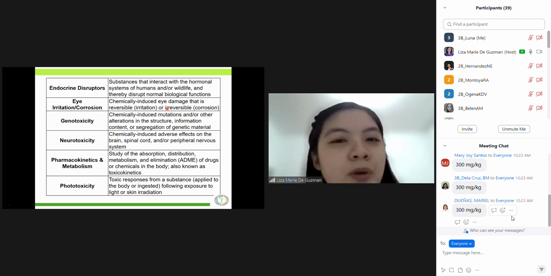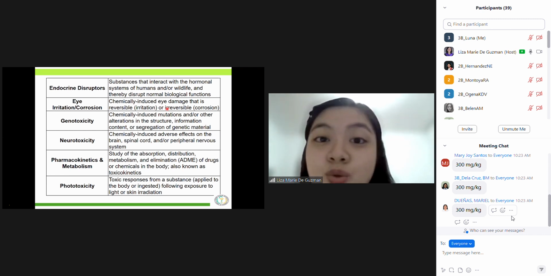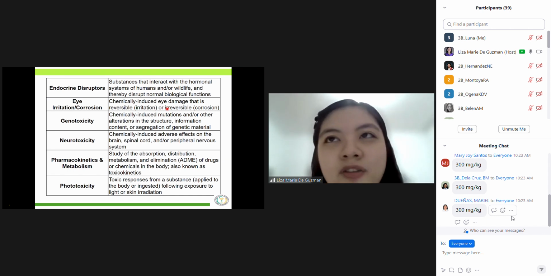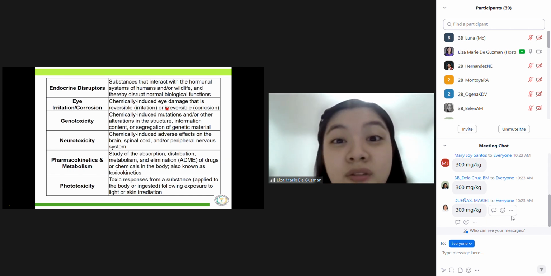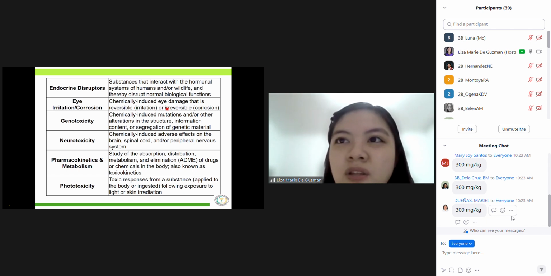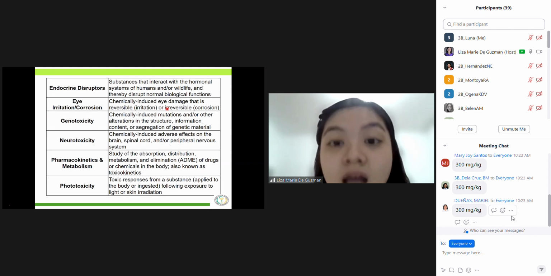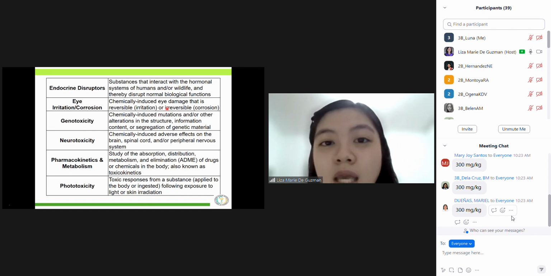So I performed this in my graduate school research, itong eye irritation test based from the OECD guidelines. Kasi yung dosage form ko kasi is contact lens, a drug-loaded contact lens. So I had to perform this test dahil nga ang target site ng dosage form ko or yung drug delivery system ko ay eyes.